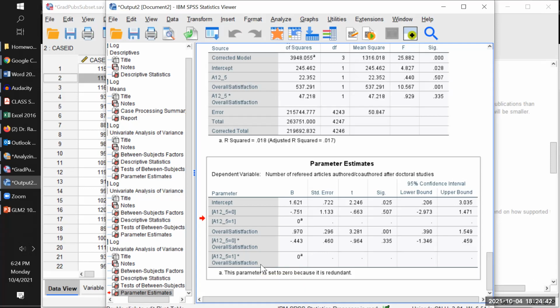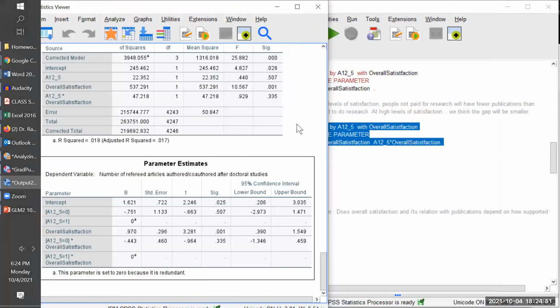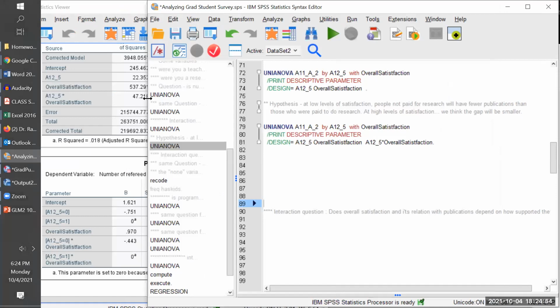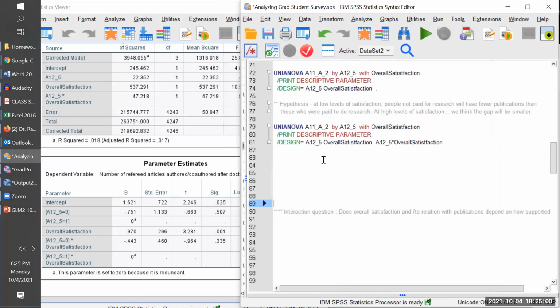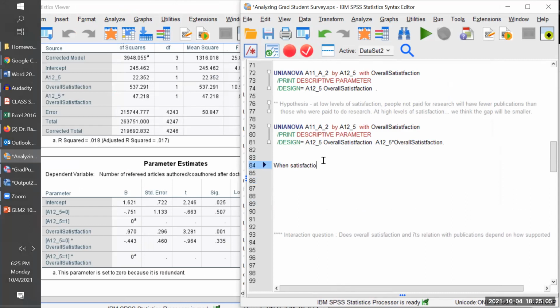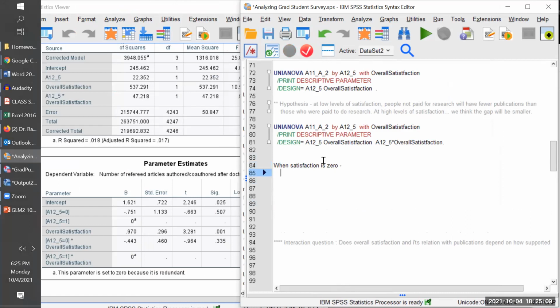How could we find that? There's at least 2 ways we could find that.